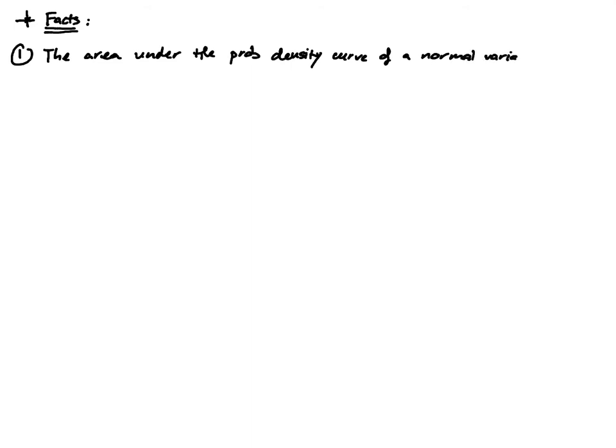First off, the area under the probability density curve of a normal variable is equal to 1.